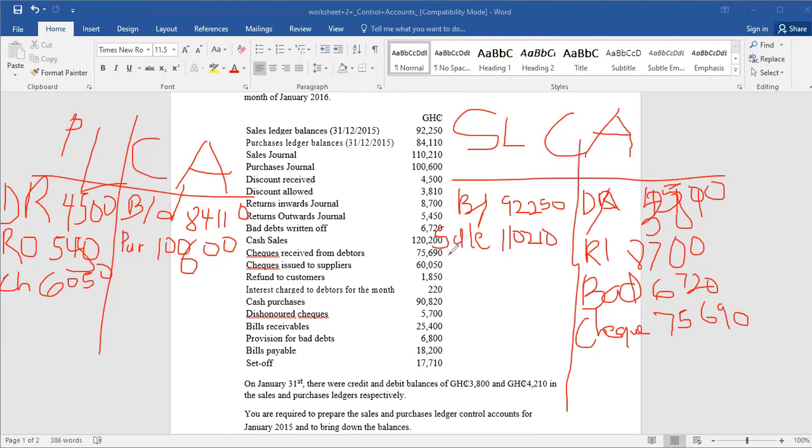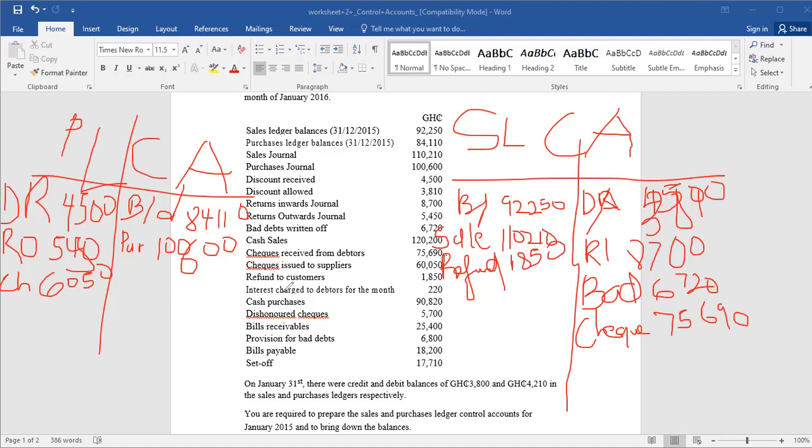So it increases the amount the person owes you. So see, refund to customers. So this refund comes here. 1850. Okay, good.